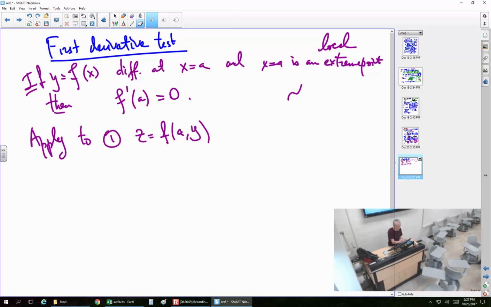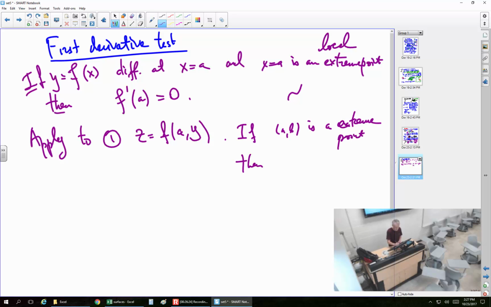So what we have here is: if (a, b) is an extreme point, then df dx, sorry, I meant here d x b first in that order, df dx at (a, b) is equal to 0. Okay, so that's exactly what we're talking about.